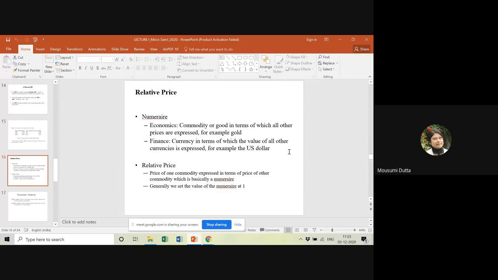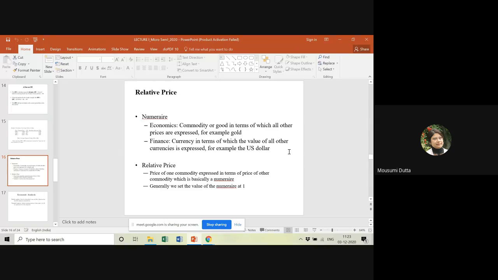So instead of considering the price of X with respect to the price of Y, it will be more sensible to consider the price of X for all the countries and present it in terms of the dollar unit, so that we understand that for this particular X, the price in UK will be this much, the price in Netherlands will be this much, the price in India will be this much, the price in Bangladesh will be this much.